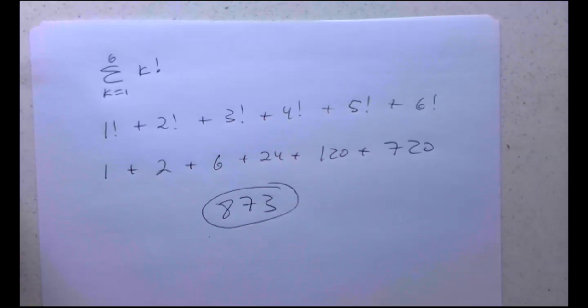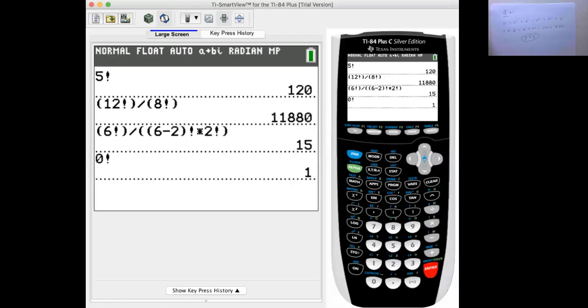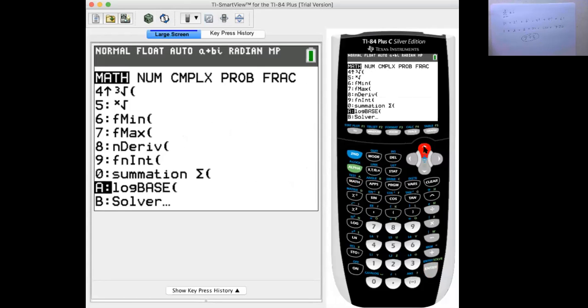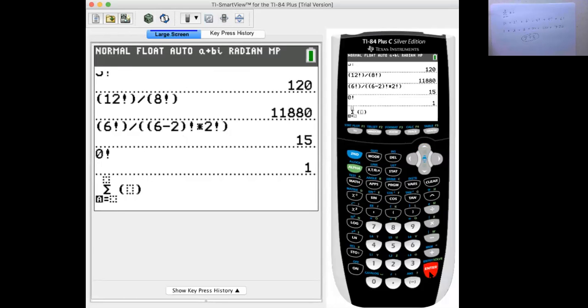Of course, let's check that on the calculator. So we'll jump to the calculator and we go to math 0, and that's our sum. So when k goes from 1 to 6 of k factorial, so alpha k, it's in alpha mode already.